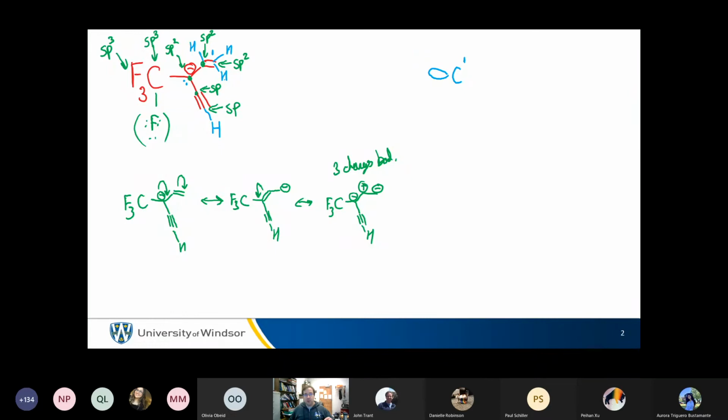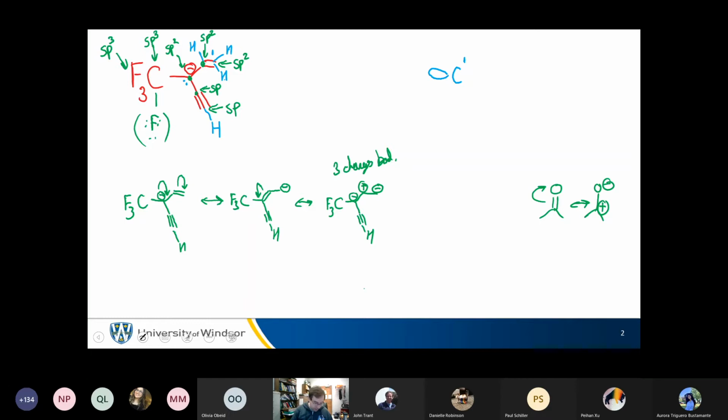What I mean by that is, let's say you had an example like this. You can draw a resonance structure where you put the negative charge on the electronegative atom and the positive charge on the electropositive atom. That's wise.